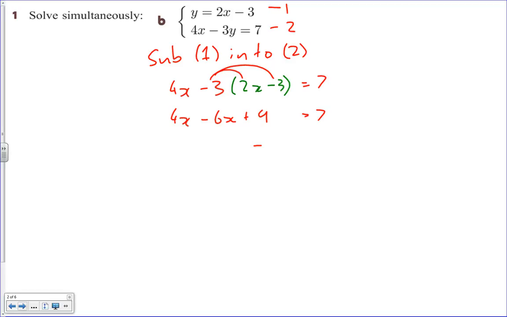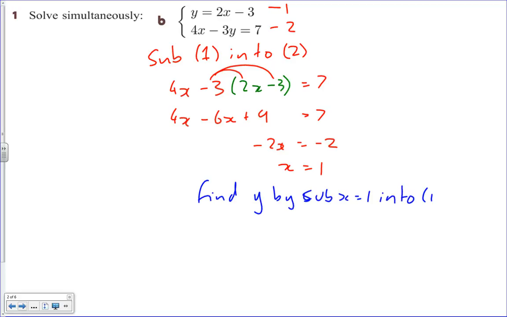So negative 2x equals negative 2, so x equals 1. Find y by sub x equals 1 into 1. So y equals 2 times 1, take 3, so y equals negative 1.